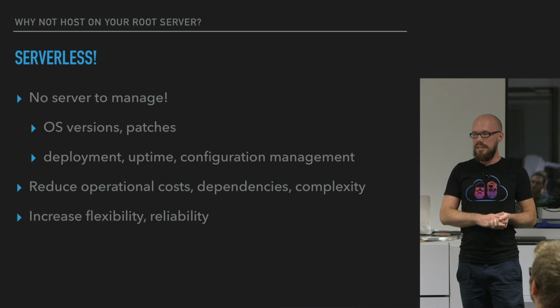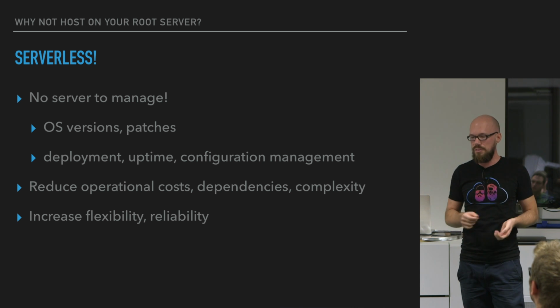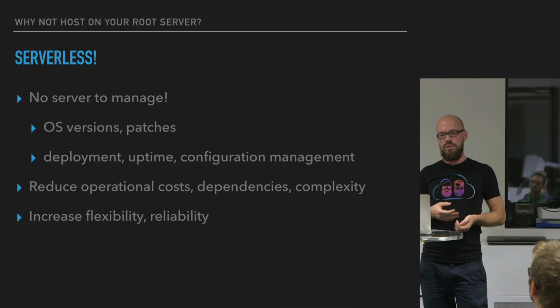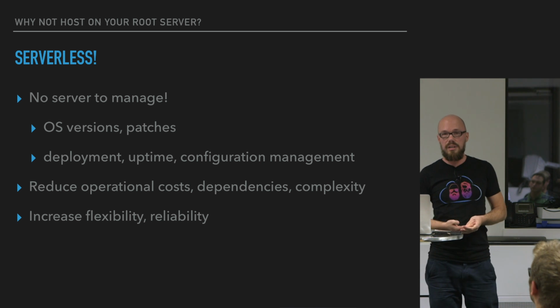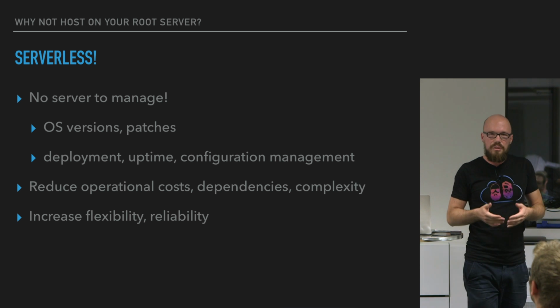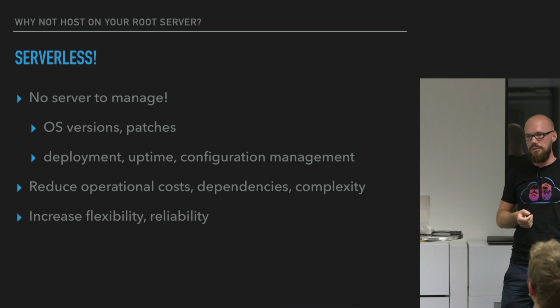AWS provides services where we don't need to do any of those things. This is how we can reduce costs, dependencies, and complexities, and we can also increase reliability, because literally we publish our static content and we don't need to take care afterwards.